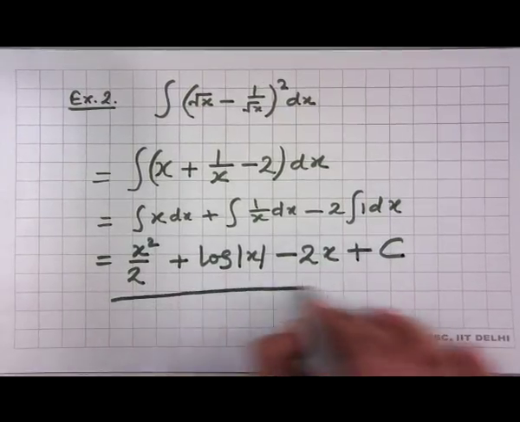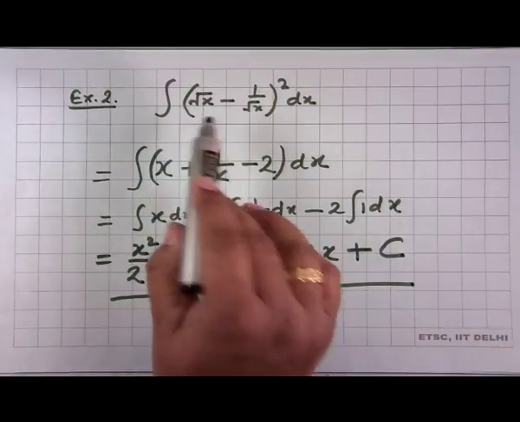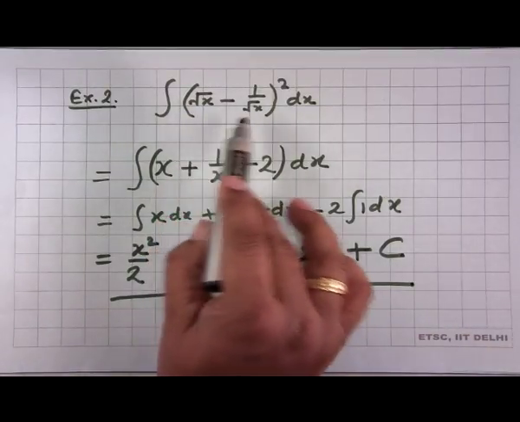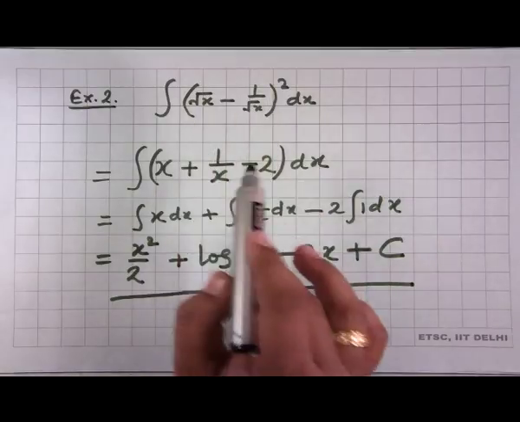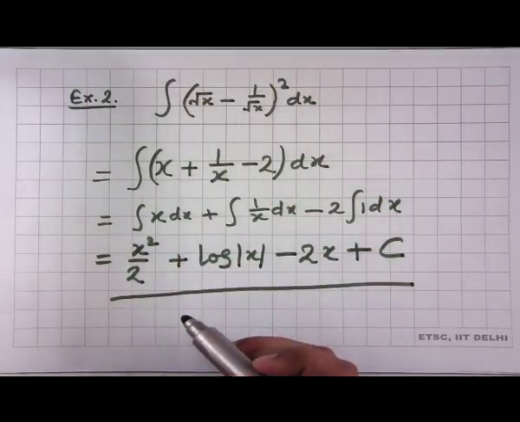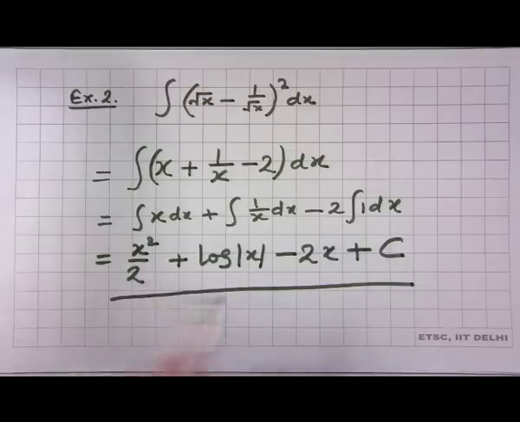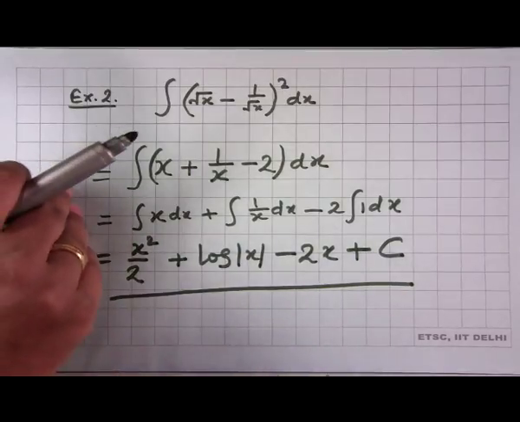Therefore, this is the integral for this case. So, a problem which may look initially a little bit complicated, but if we use certain relationships which we already know, this can be simplified and further we can figure out that the integral will become very easy.